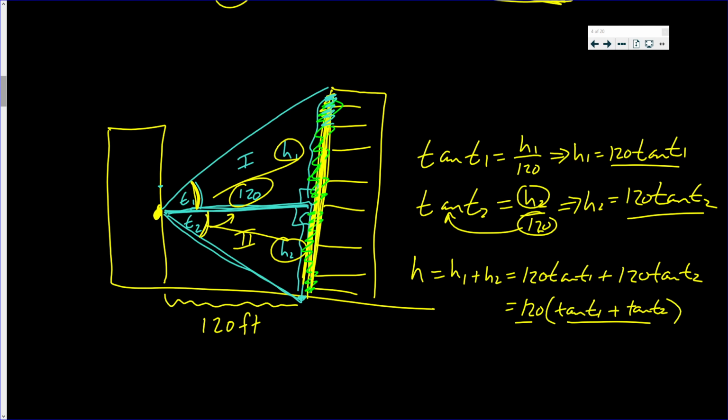First, we find the height from the horizontal line from your window to the top, and then we find from the horizontal from your window down to the floor. And the sum of these two heights, I hope is kind of obvious, is the height of the building. The blue plus the pink is the height of the building.